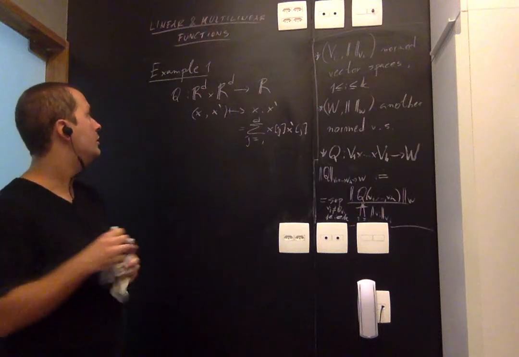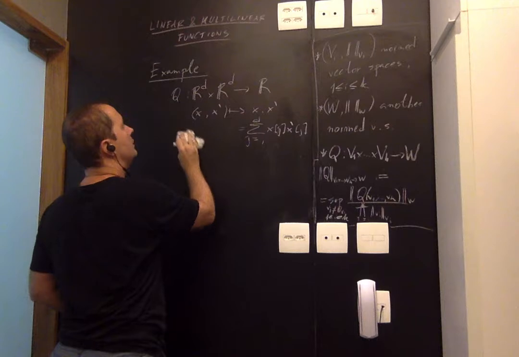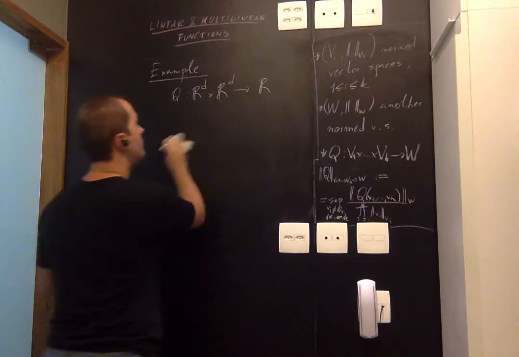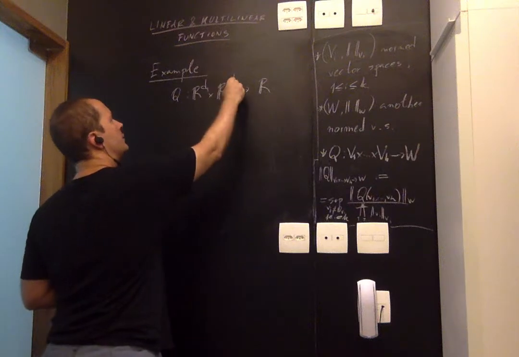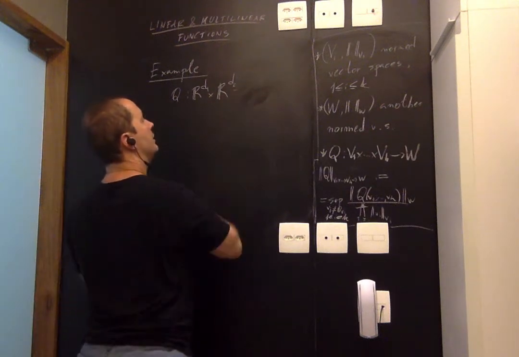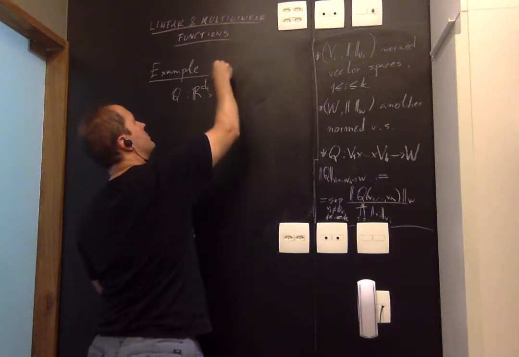Okay, but let me notice something more general here, which maybe will help you get a better feel for what's going on. So suppose I have R^d1 and R^d2, and even I have some k greater than or equal to 2.